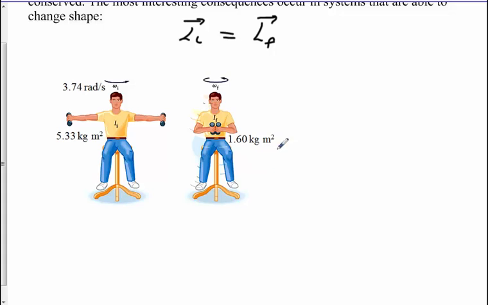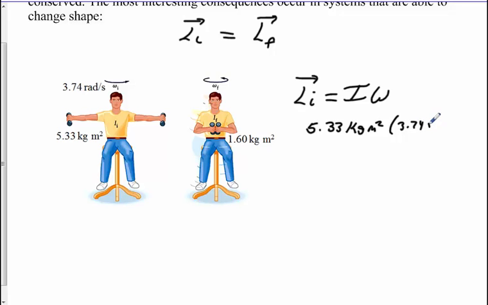We will find out what our initial is. Our initial angular momentum is just going to equal I times omega. So we would have 5.33 kilograms meters squared times 3.74 radians per second.